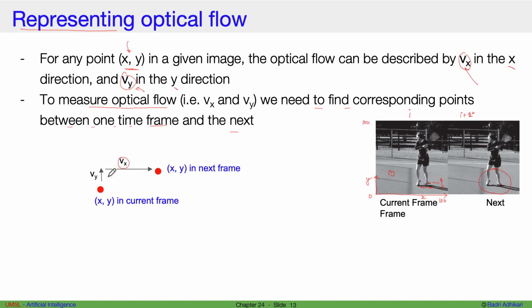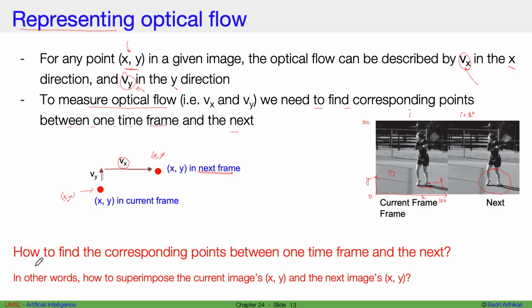Vx gives me how far the pixel has moved in the x direction, and Vy gives me how far the pixel has moved in the y direction. So this pixel is the xy in the current frame, and this pixel, same xy, is in the next frame. Then the immediate question is how to find such corresponding points between one frame and the next.